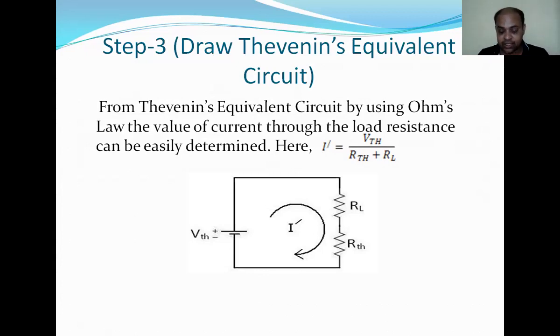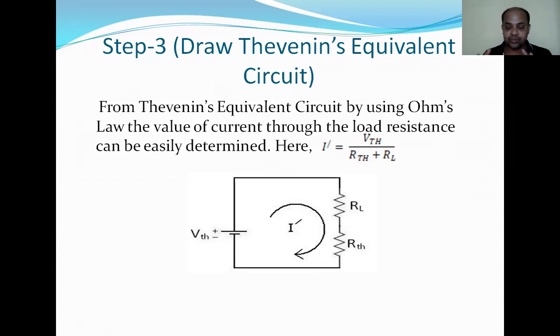And in step 1 and step 2, we removed the load resistance, but here we have to connect the load resistance. The Thevenin voltage, Thevenin resistance and load resistance, these three will be connected in series.